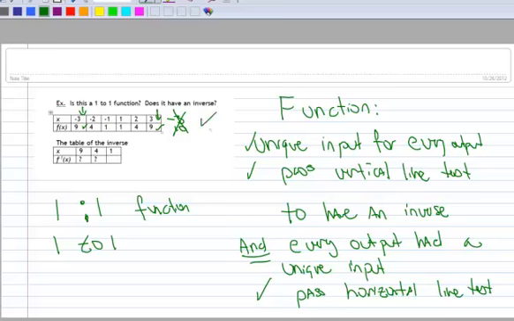But does this have an inverse? So that would mean, this is the table of the inverse right here, so that would mean when I put in 9, well, what would come out? Would -3 come out? Or would +3 come out? Because look, both -3 and +3 as an input to the function give an output of 9.